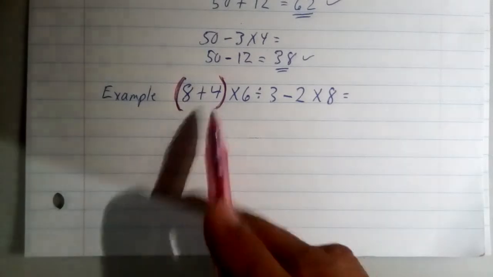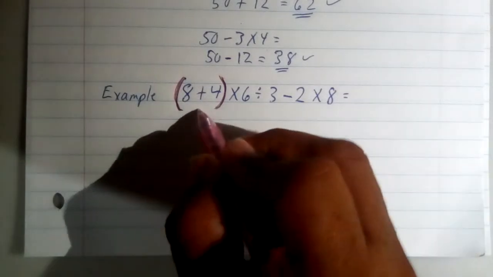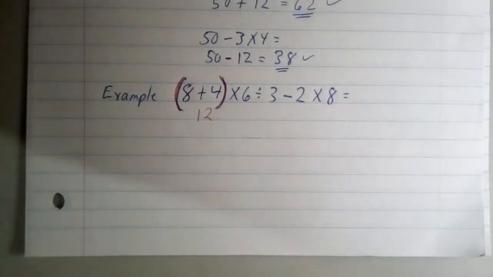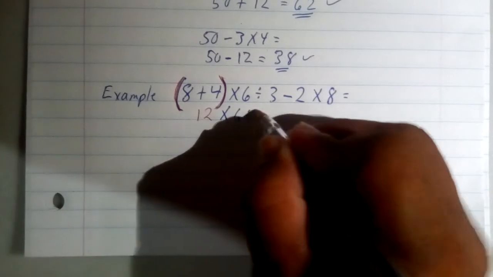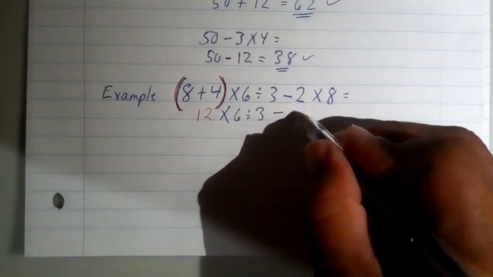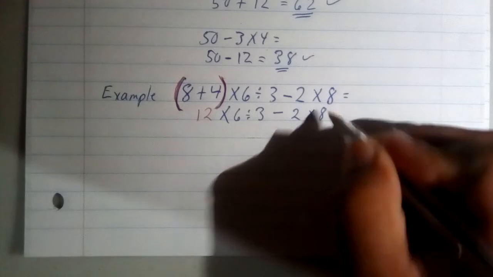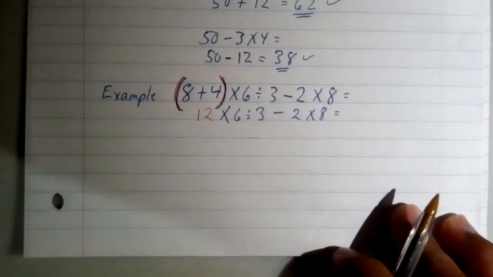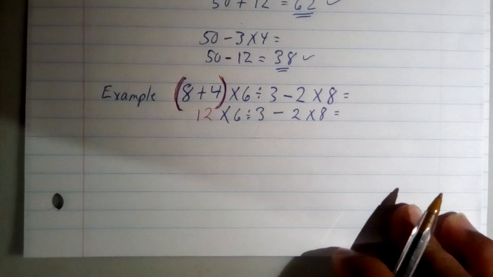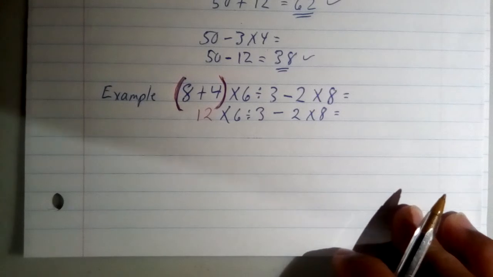So what is that solution? Well, 8 plus 4 will give us 12. So we put here 12, and then we have times 6 divided by 3 minus 2 times 8. That's our next step. All right, so who comes next? Well, according to our order of operation, it says multiplication, division, addition, subtraction.